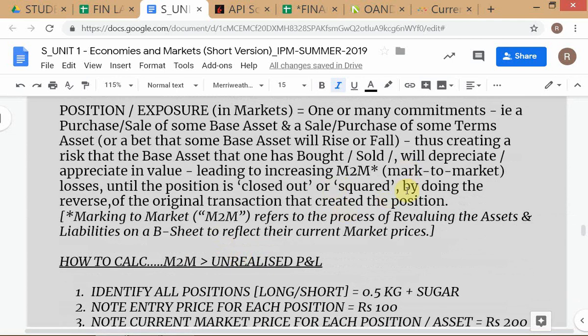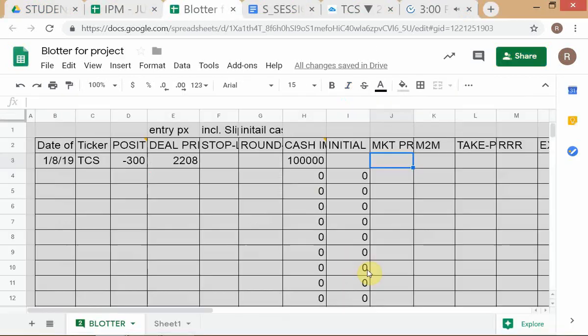Mark to market means marking to market. Essentially, you take the market price, you can see the market element of the definition. You take the market price and you revalue your existing position at the market price. So if you had gone short 300 shares at a price of 2208 and then the current market is 1700, you have to now consider the initial 2208, the cash impact.